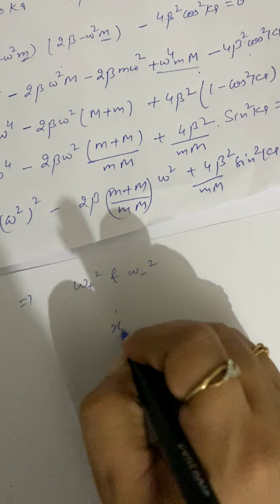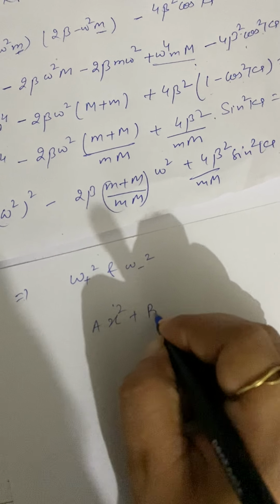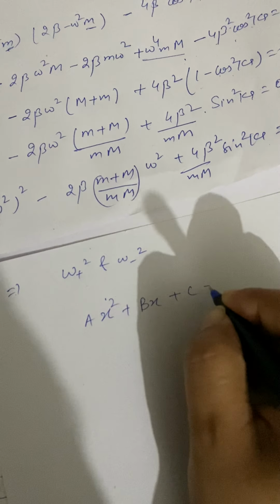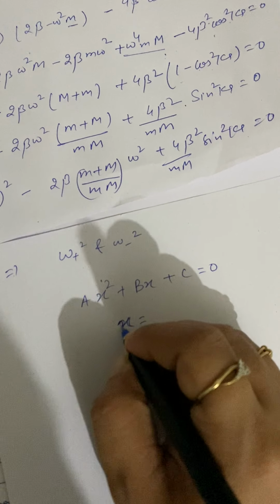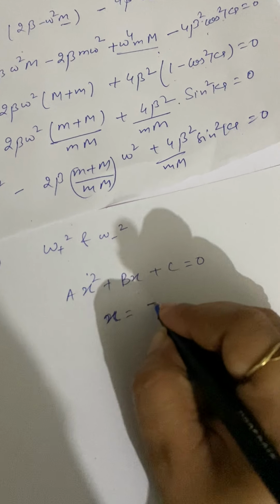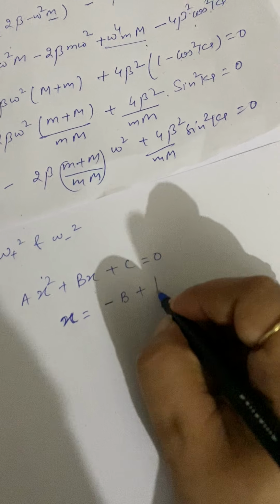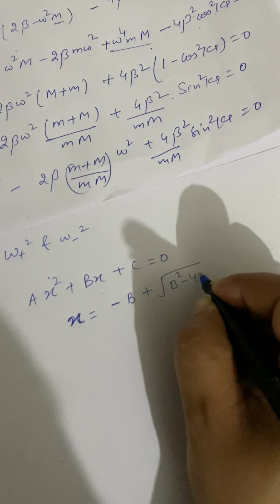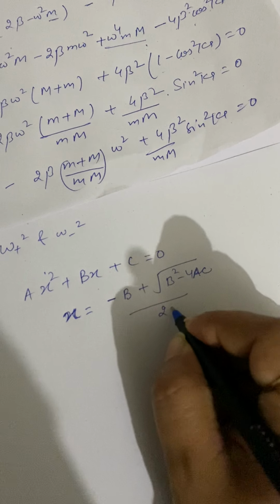If we have ax square plus bx plus c is equal to 0, then the solution for x will be equal to minus b plus minus the root of b square minus 4ac, divided by twice of a.